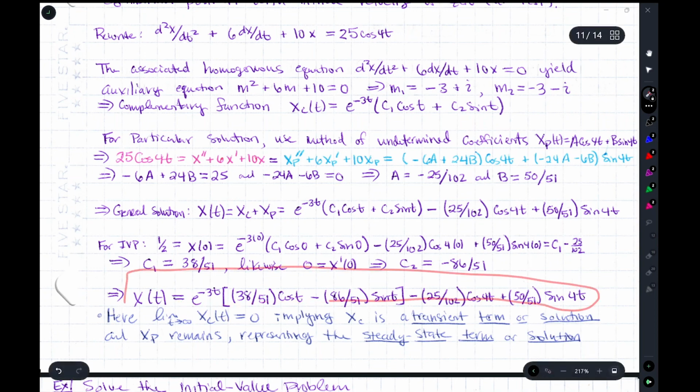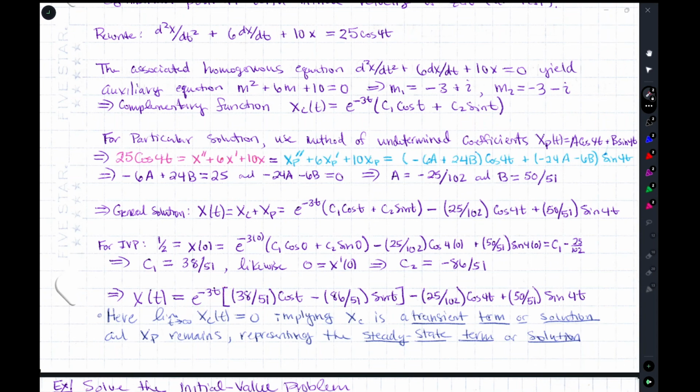Now, something to pay attention to here is notice that this term, e to the 3t, as t goes to infinity, grows exponentially large, which means e to the minus 3t grows exponentially smaller.